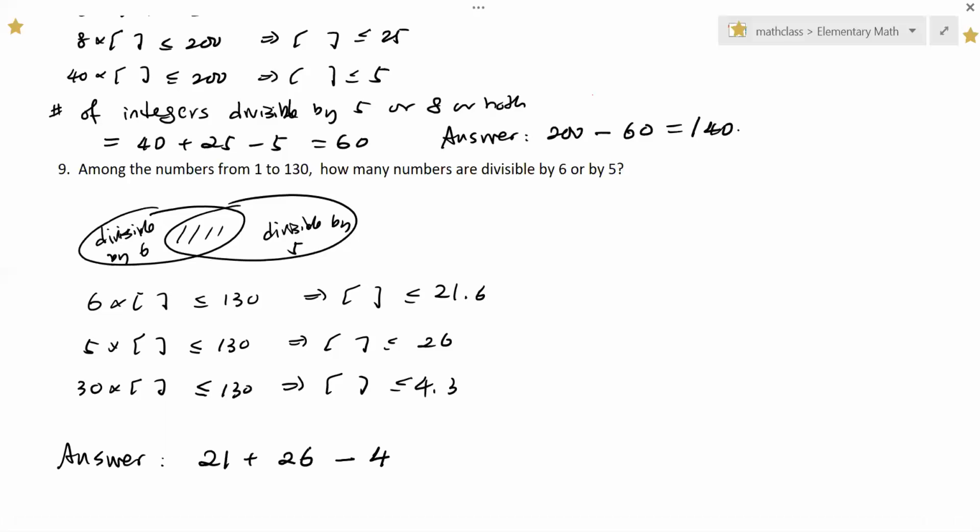So that would be 47 minus 4, 43. Yeah, 47 minus 4 is 43. Okay, so this is direct. You don't need to do subtraction again.